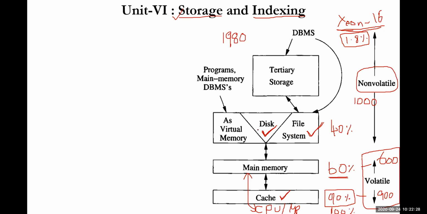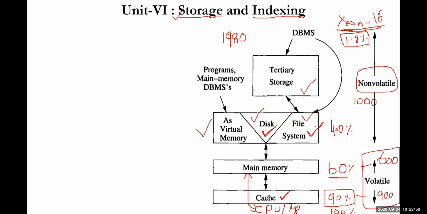Virtual memory, disk, file system or tertiary storage will be considered non-volatile memory. Once you store the data within non-volatile memory, it cannot be erased unless the user wants to delete it. The user must apply some command to delete that data. Until then, the data cannot be deleted.